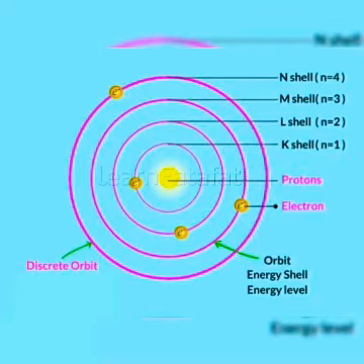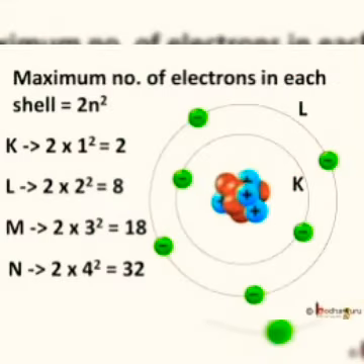So, when we are going across the periods, we can see that in the first period 2 elements are there. Second period 8 elements are there. Third, fourth, fifth, sixth and seventh periods have 8, 18, 18, 32 and 32 elements respectively.